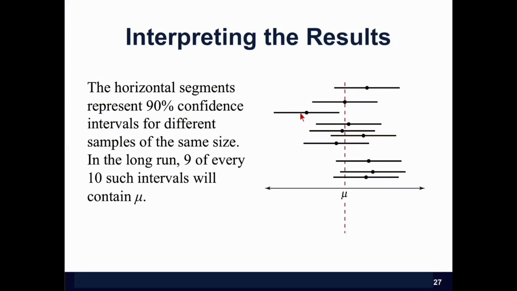This is another interval centered at this point with margin of error to the left, margin of error to the right, and this is the same. Okay, so now if we assume that the population mean is this value here, right, and we calculate 10 intervals, then 90% confidence means that 9 out of these 10 intervals will contain the population mean. Okay, so that's the idea of 90% confidence.